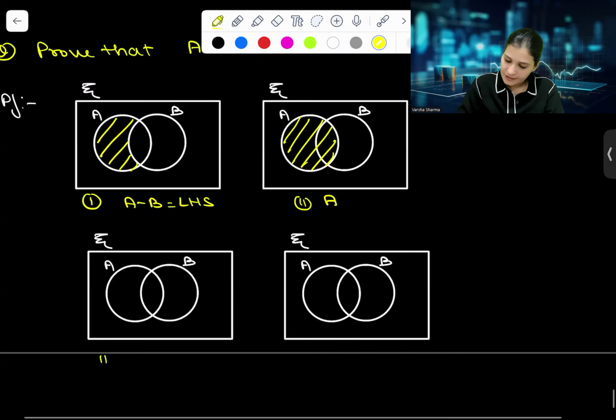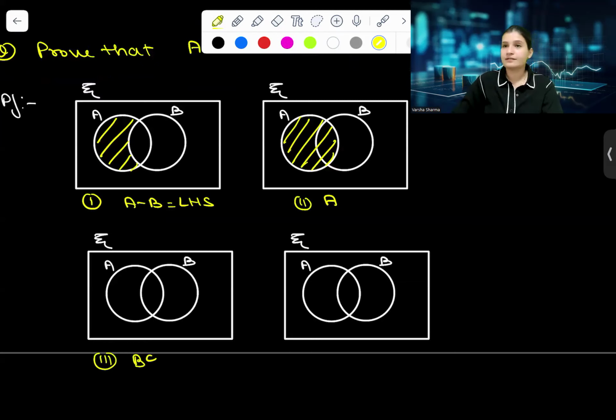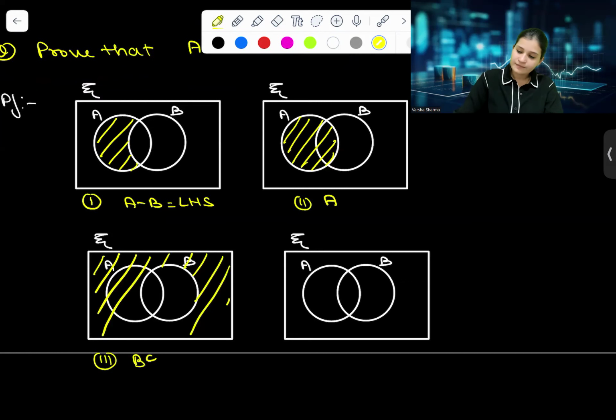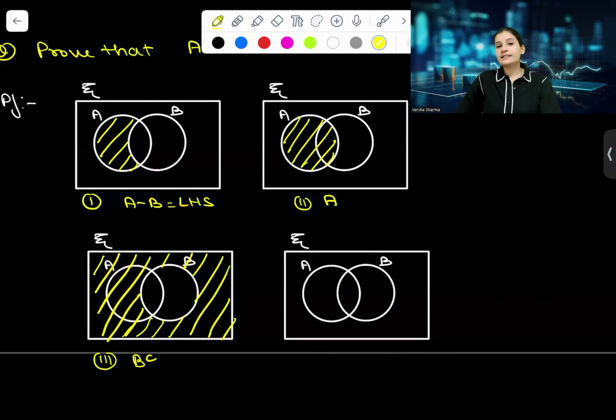In my table 3, I'm marking B complement. B complement is everything outside the circle B. Outside the circle B, I've shaded everything.